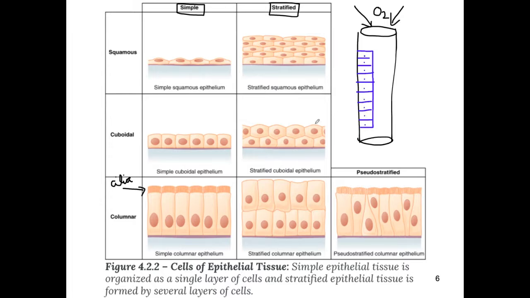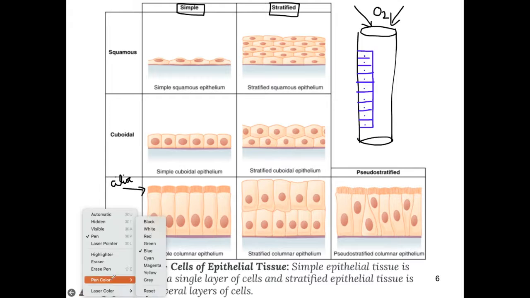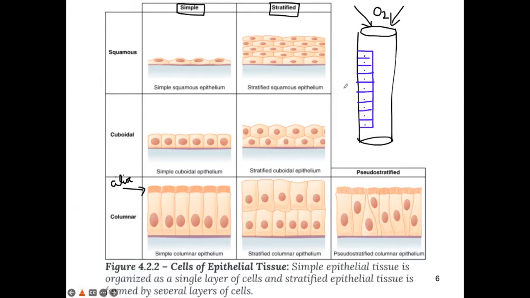And I'm going to make cilia. Let's put red here. So here, we're going to put these little extensions that are called cilia.